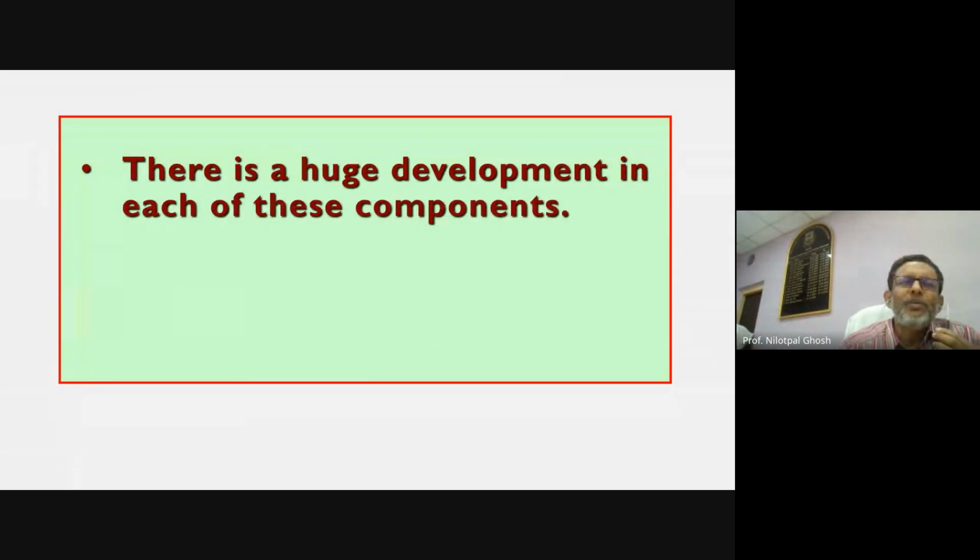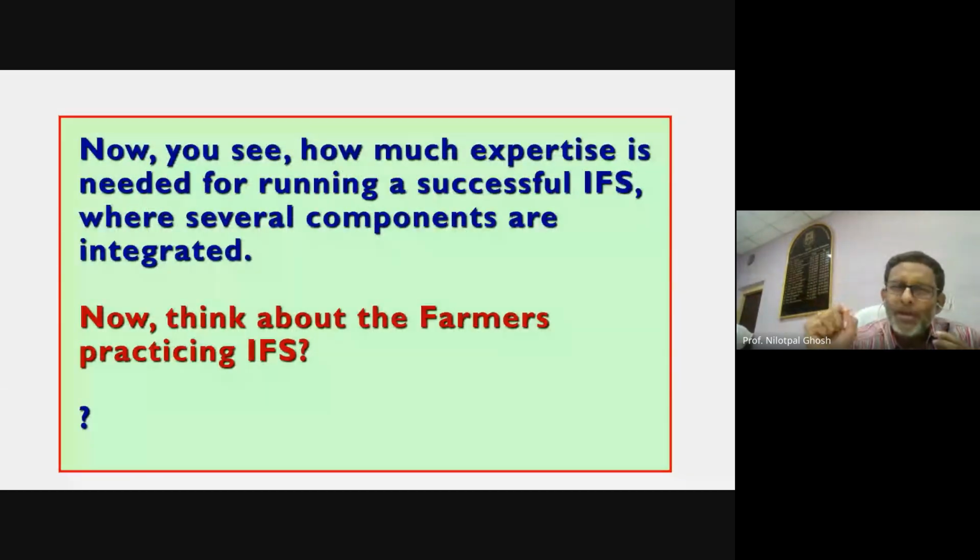Now you see how much expertise is needed for running a successful integrated farming system where several specialized components are integrated: agriculture, horticulture, fishery, animal husbandry. So a farmer practicing integrated farming system should have knowledge in the field of agriculture, horticulture, fisheries, animal husbandry, sericulture.